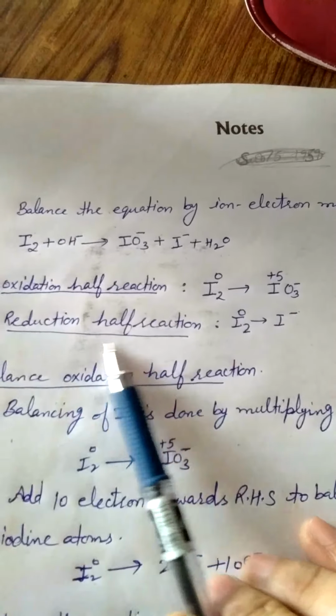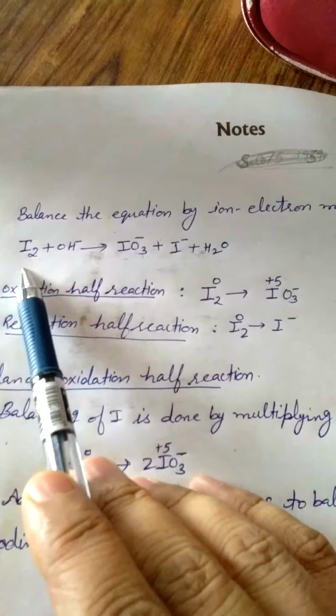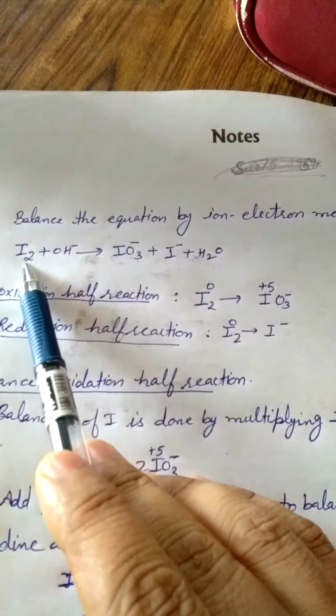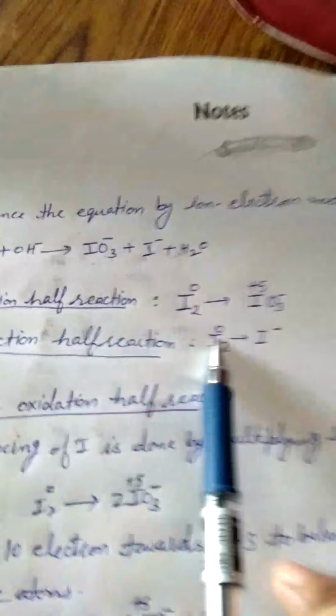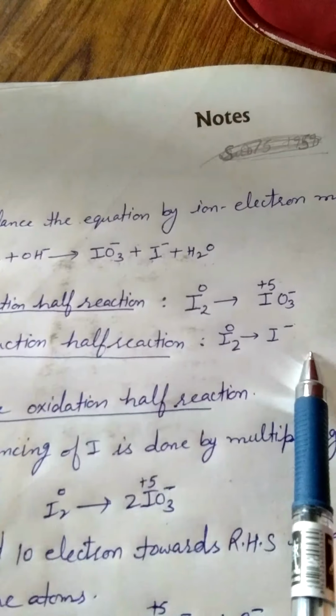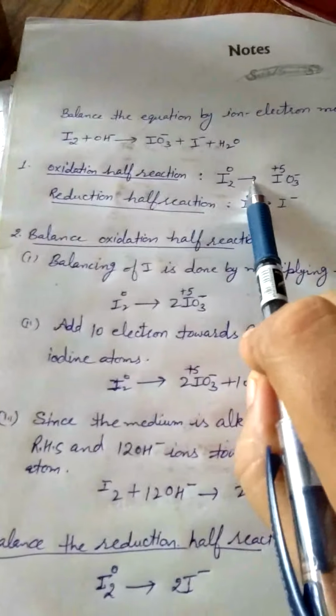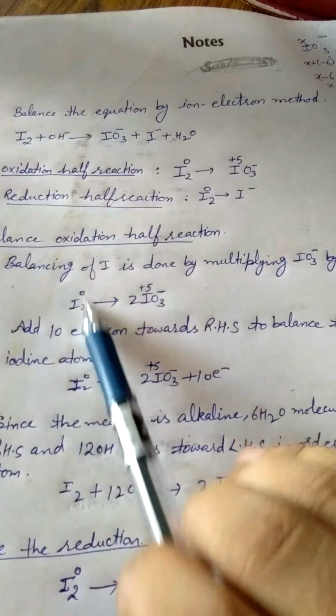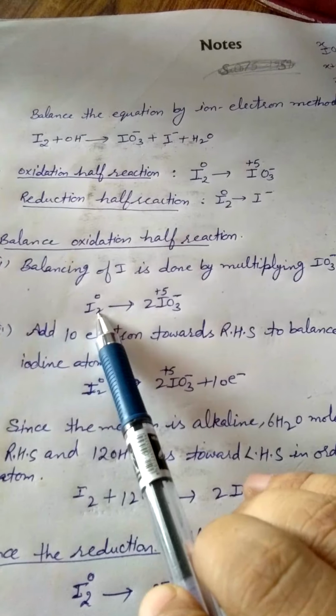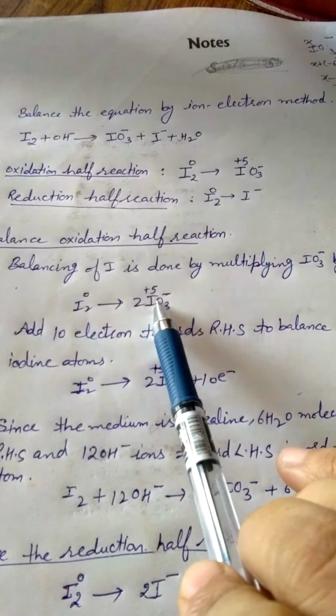Okay, next is the reduction half reaction. Whose reduction occurs? I2 to I negative. It gains electrons, which means reduction occurs. So first of all we balance the oxidation half reaction. First you balance the number of iodine.